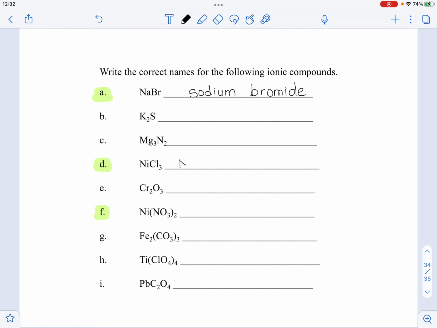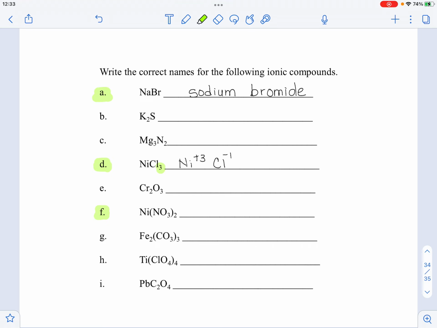So nickel is going to be positive 3. Chlorine is going to be negative 1. The reason I know that is because this subscript was obtained when nickel gave it to chlorine. Chlorine gets a negative 1 because the 1 that used to be by nickel is omitted. And we always write chemical formulas as cations followed by anions.